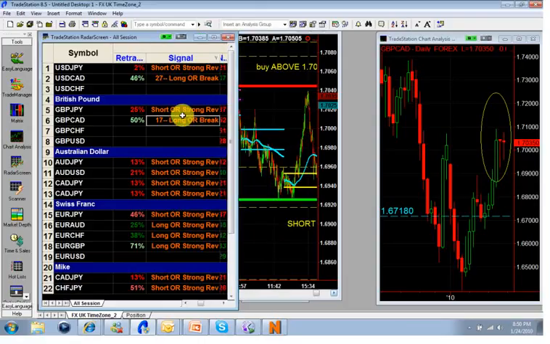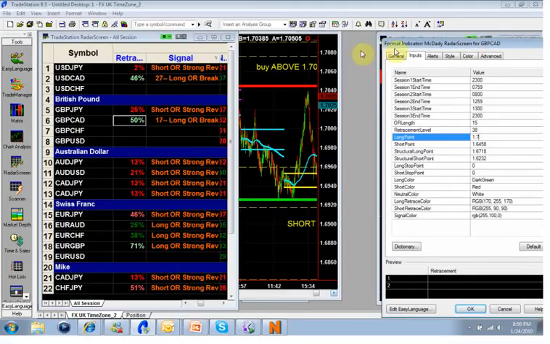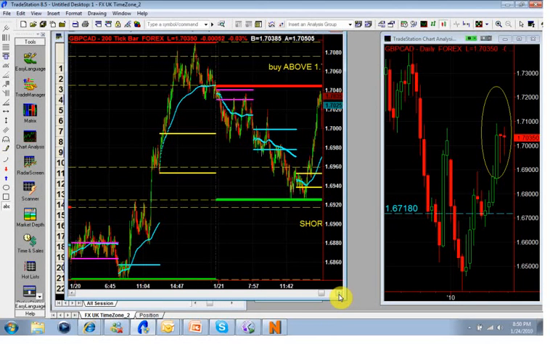Where would the structure be in the pound CAD on the daily chart? Right back below the 167.18. So we're going to go long above the 107.77. I think my head is not clear today.